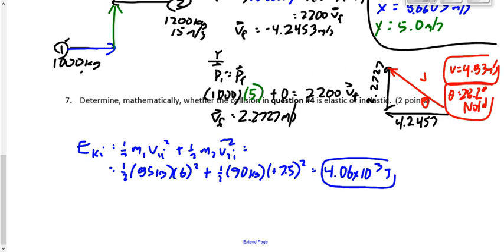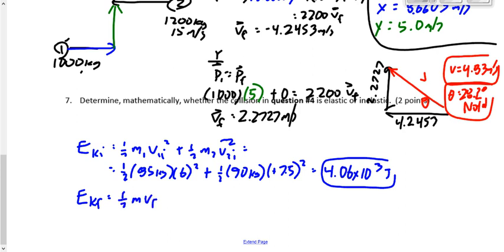Now, we know that we should get a final kinetic energy that is less, right? It should be less. Never going to be more, either the same or less, but of course when they stick together, we know it's going to be less. So let's find that now.